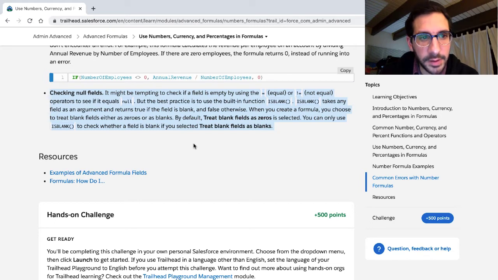When you create a formula, you choose to treat blank fields either as zeros or as blanks. By default, treat blank fields as zeros is selected.